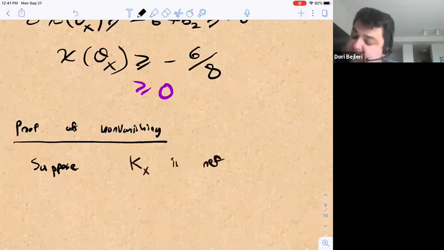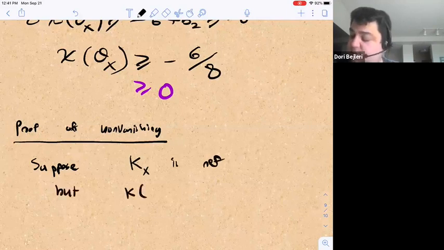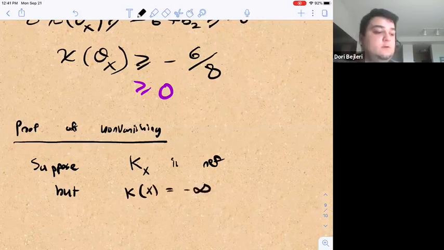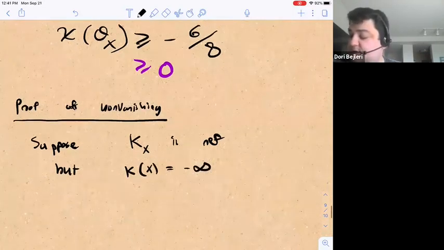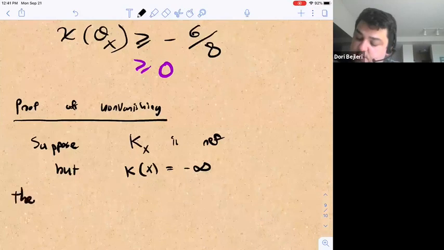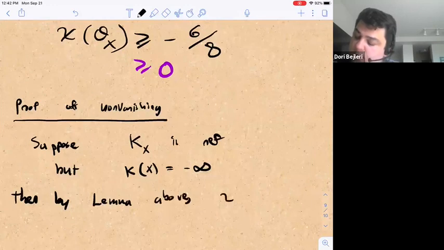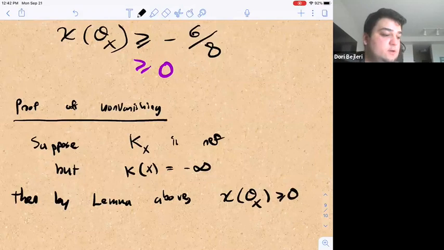So suppose Kx is nef, but that the Kodaira dimension is not greater than or equal to 0, which means it's minus infinity. Then we can apply this lemma. We know that the Euler characteristic is greater than or equal to 0.